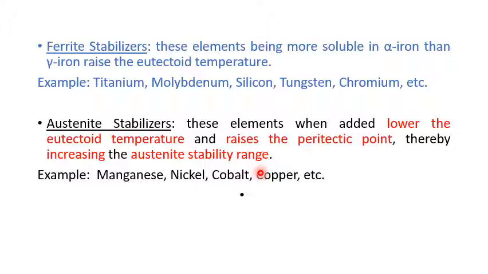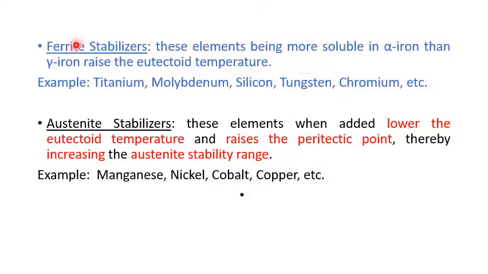For example, normally the austenite is present above 727, but if you add these alloying elements, the 727 will come down, say to 500. Now you can have the austenite above 500 degrees Celsius itself.